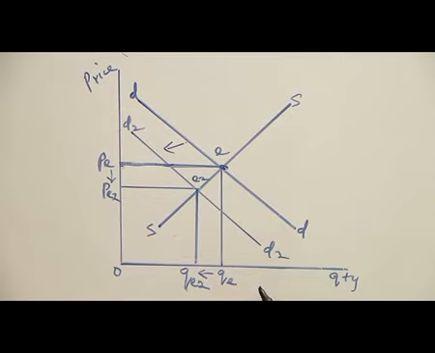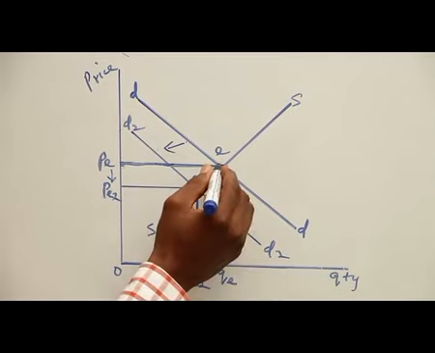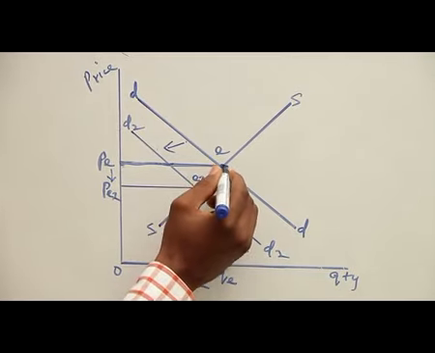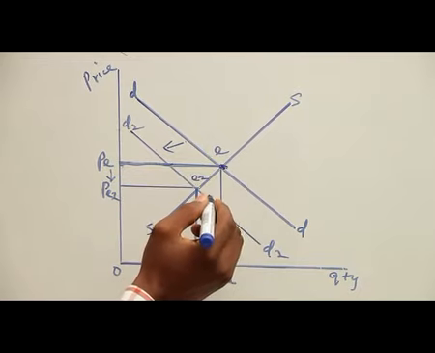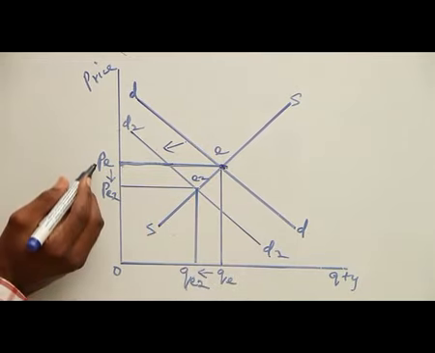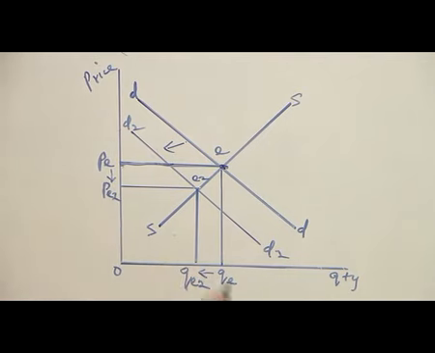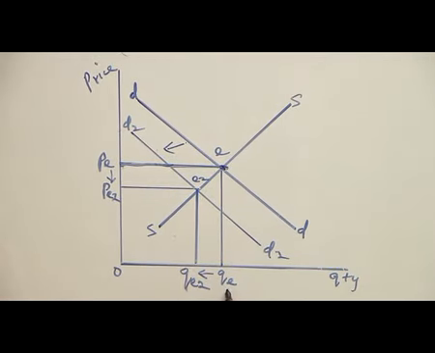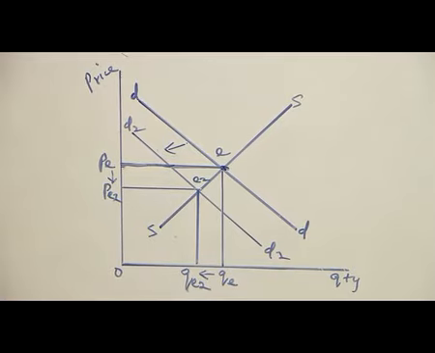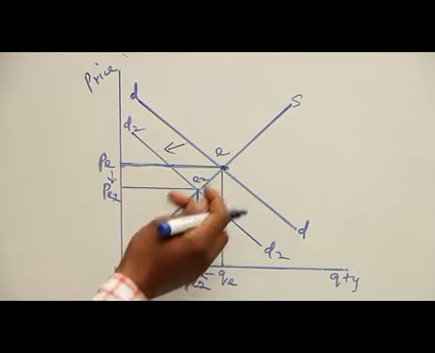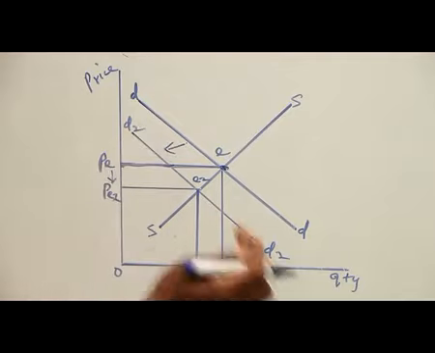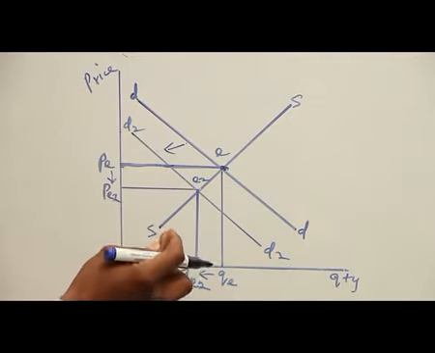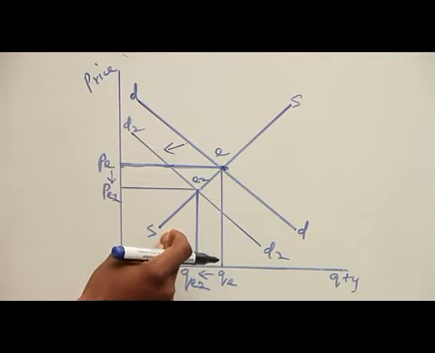Now, before the shift in the demand curve, you observe that we have the equilibrium point here, E. Then we have the equilibrium price here, PE, and the equilibrium quantity here, QE. Because of the decrease in demand, the demand curve shifts backward. We have D2, D2, holding the supply curve constant.